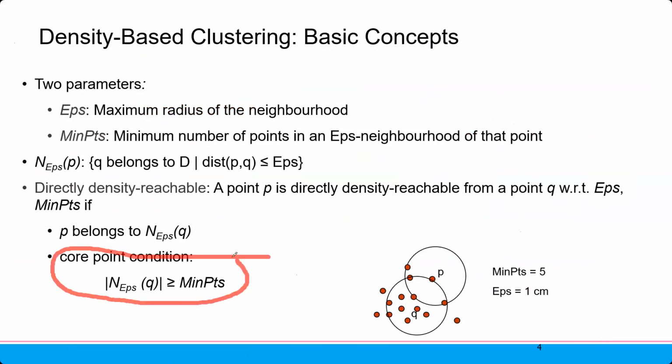The number of points in the neighborhood is greater than or equal to the required minimum points.